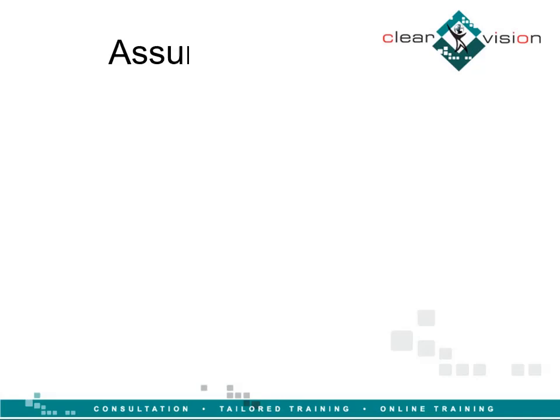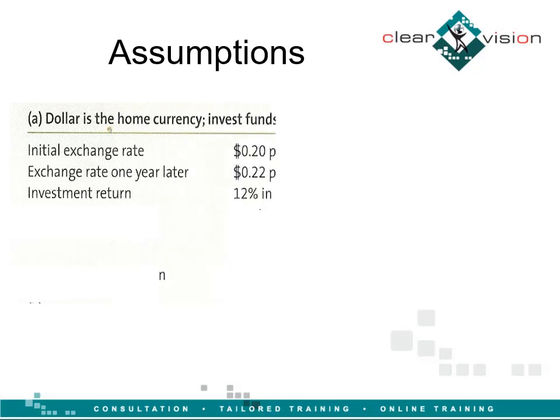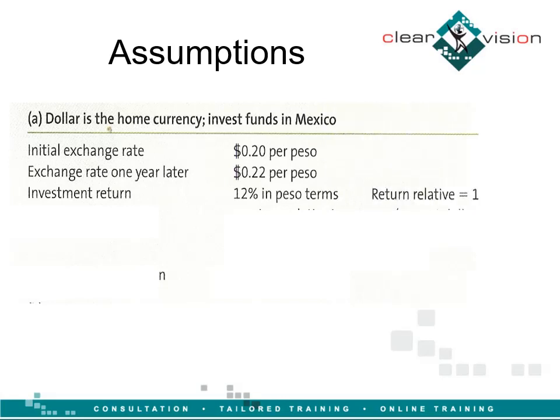Let's assume that the initial exchange rate was $0.2 per peso and the exchange rate after 1 year is $0.22 per peso. The investment return was 12% in peso terms, so the return relative will be 1.12.